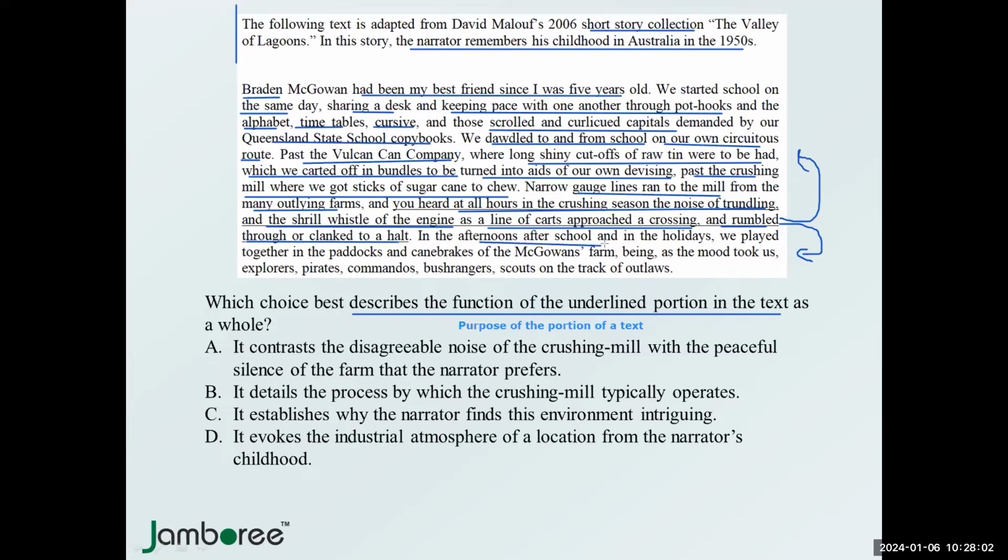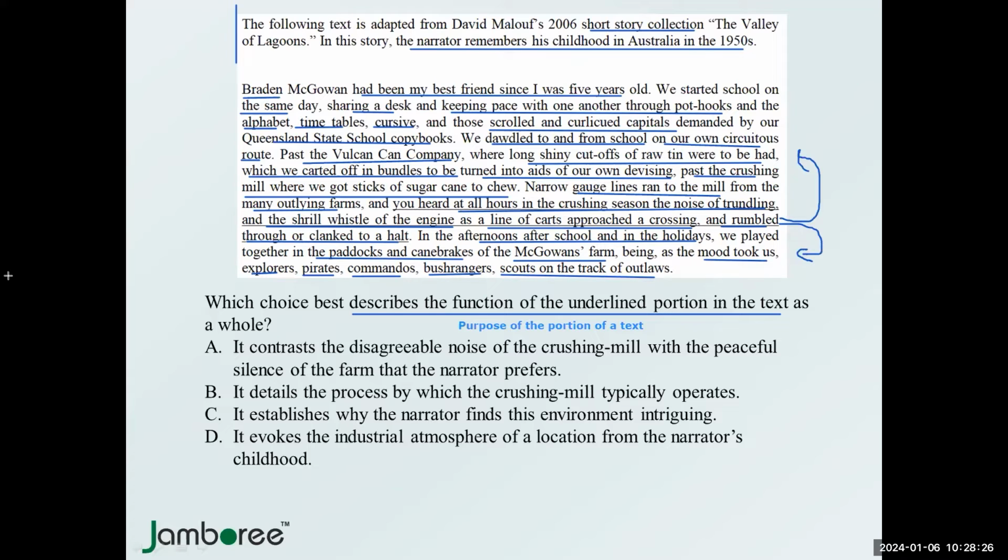In the afternoons after school and in the holidays, we played together in the paddocks and cane breaks of the McGovern's farm, being, as the mood took us, explorers, pirates, commandos, bushrangers, scouts on the track of outlaws.